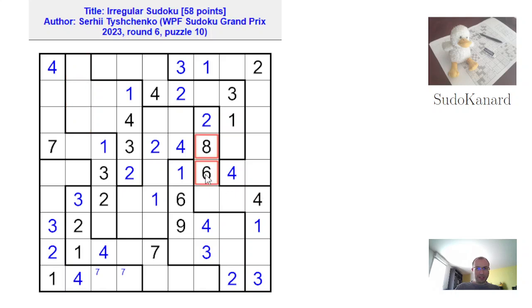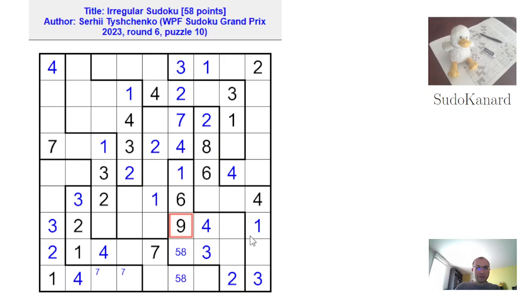Yes, that 7 is not here by Sudoku and not here by just the region. So on this column, 7 must be here. So those are 5 and 8, and I can at least pencil mark those.